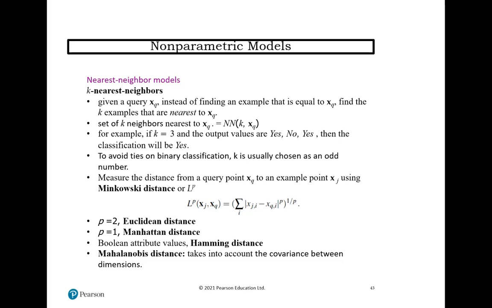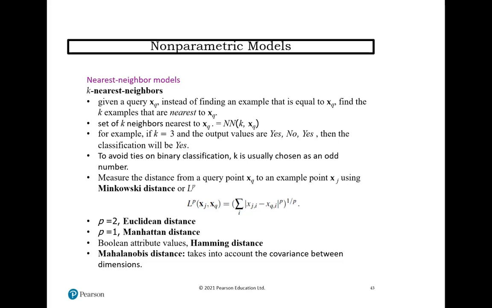So for example, if my k is 3, which means I'm going to be using 3 neighbors, and I have a new restaurant that is nowhere in my table, I'm going to find the 3 nearest restaurants, and we still have to define what nearest means. So I'm going to look up the 3 nearest restaurants and look at the decision for these 3 restaurants.